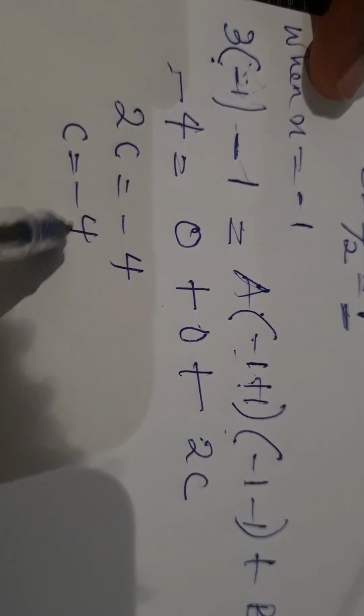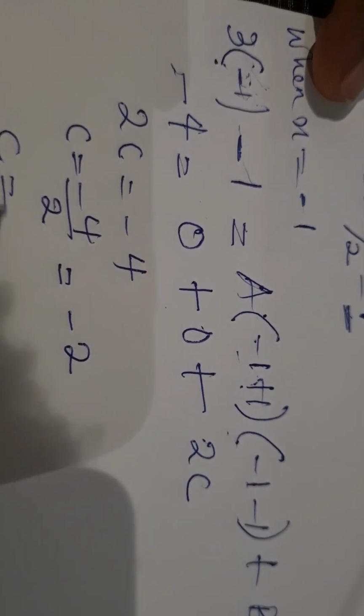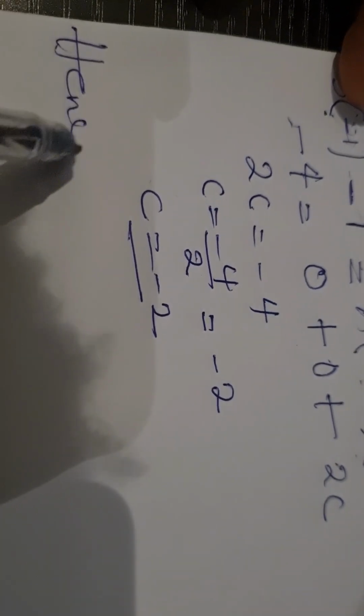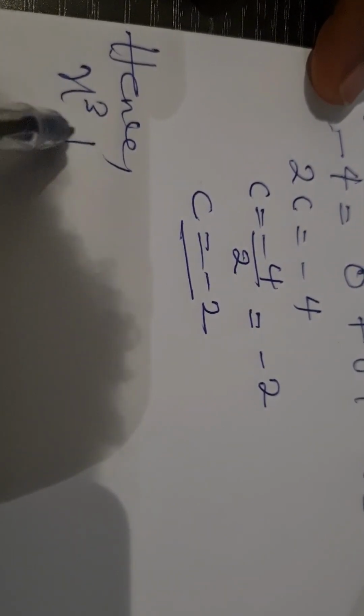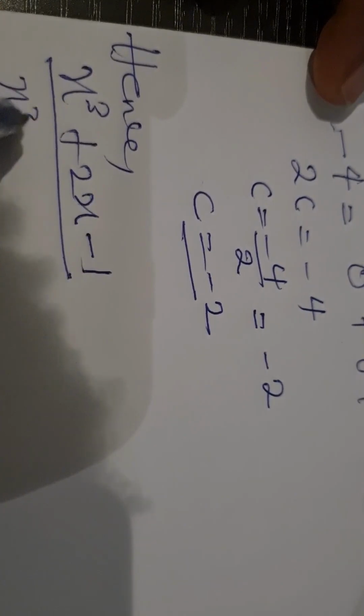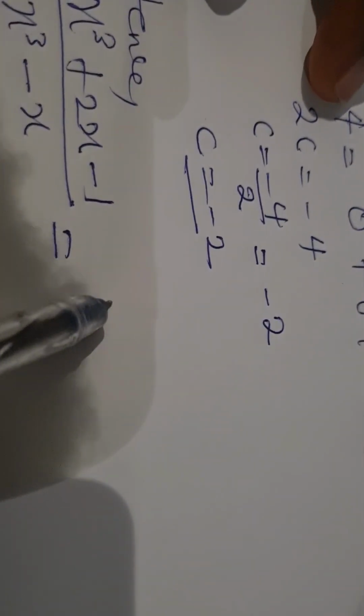c is equal to minus 4 divided by 2, which is equal to what? Minus 2. So c is minus 2. So with this, we have solved this. Hence, we would say that x cubed plus 2x minus 1 all over x cubed minus x is equal to, our a will now be what?